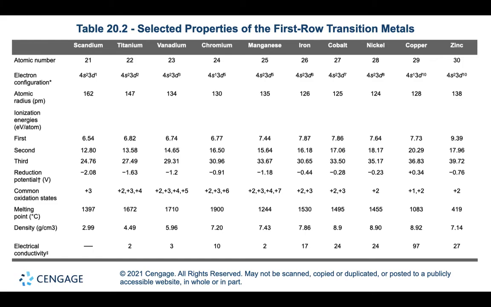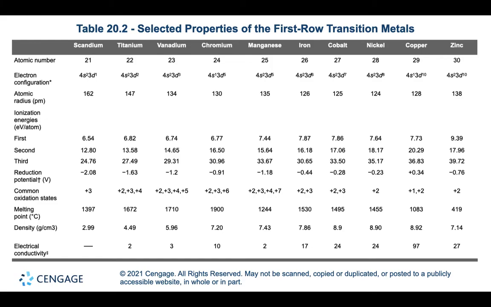We see a little bit of fluctuation, 162, 147, 134, 130, back up to 135, back down to 126, down to 125, 124, back up to 128, back up to 138. See, it's not perfectly following any particular pattern.